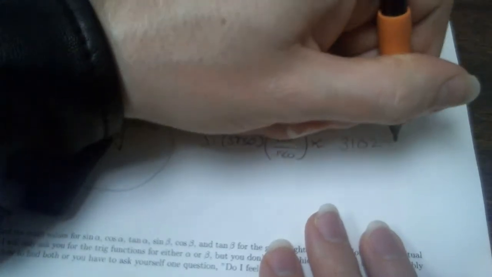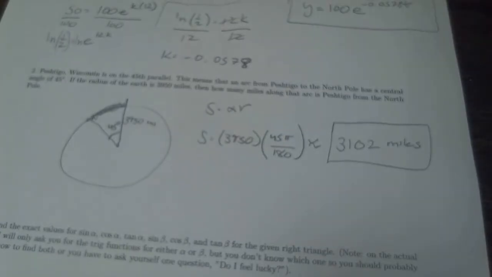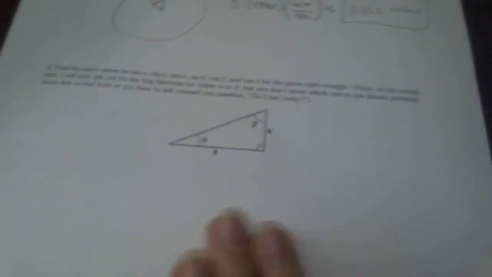Yep, 3102 miles. So again, that represents the arc length, or how we would measure the distance from North Pole to Peshtigo, Wisconsin.